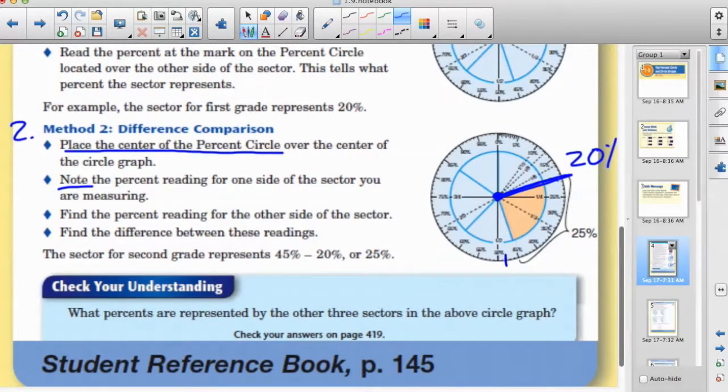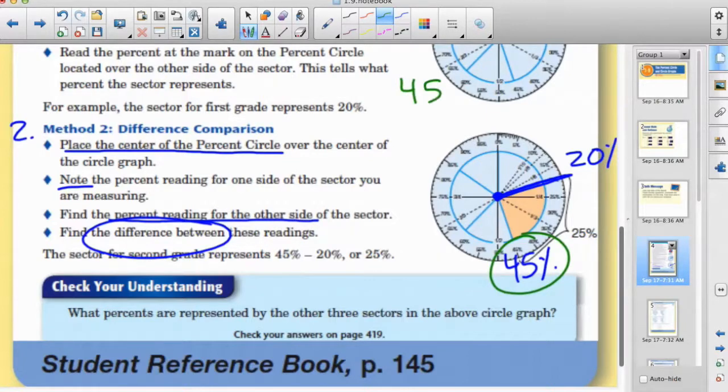Once we found the percent reading for the other side, we're going to find the difference, meaning the operation of subtraction. So then we'll need to subtract these two readings. We'll take 45 minus 25 and get our percentage of this sector, which is simply 20%.